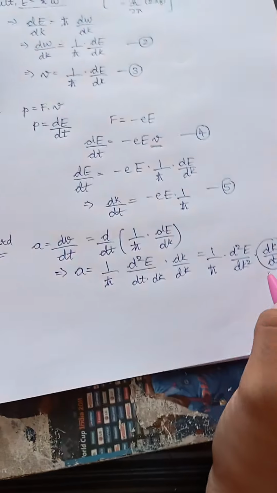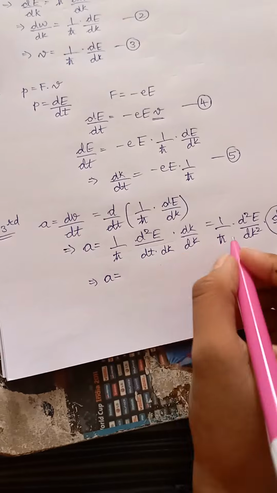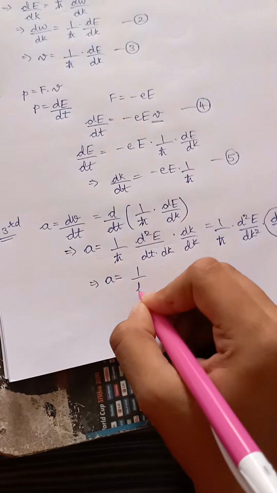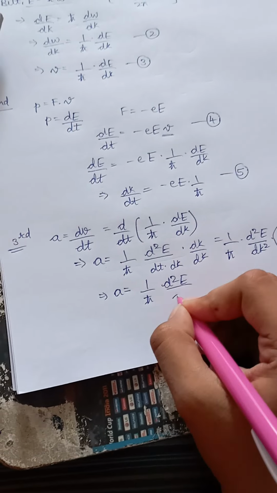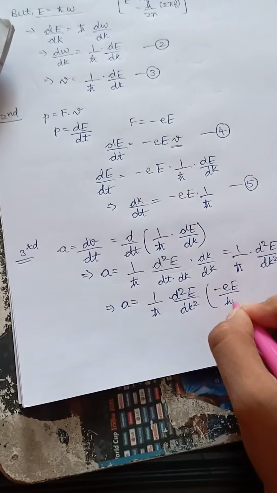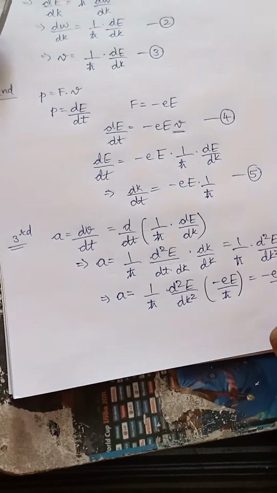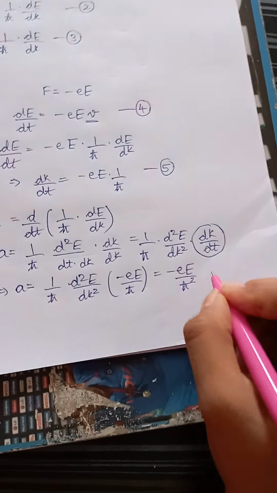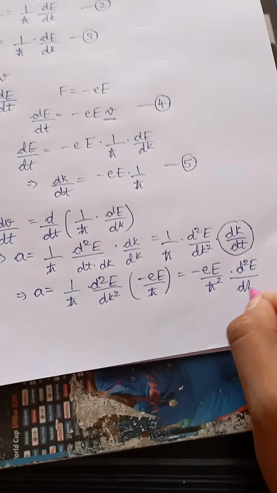So I will substitute this right over here. a will be equal to 1 by ħ d²E/dk² into dk/dt, which is nothing but minus eE by ħ. So we can simplify and write minus eE by ħ² into d²E/dk².